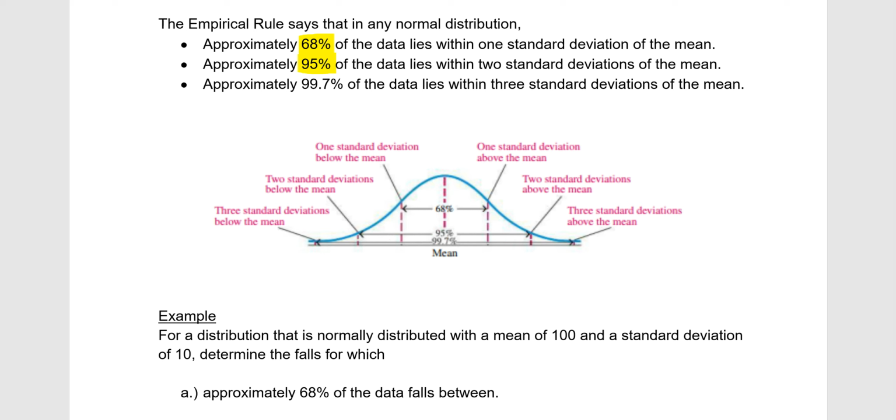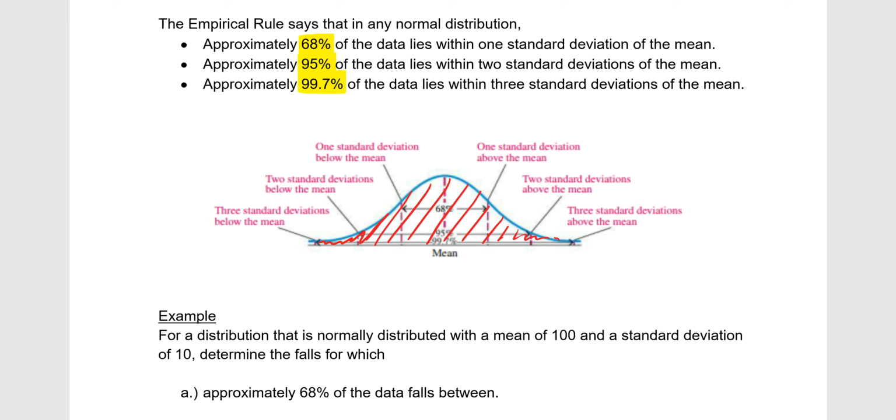And then lastly, 99.7% of the data is going to be within 3 standard deviations of the mean. That means we can go all the way to the left, 3 standard deviations away, and then all the way to the right, 3 standard deviations away, and 99.7% of all data in the data set is going to be between those values, which should make sense because if we take a look at this graph, we filled in pretty much all of the area underneath.